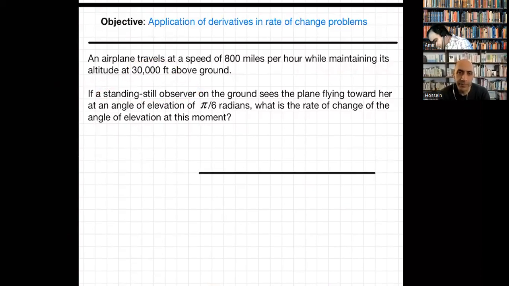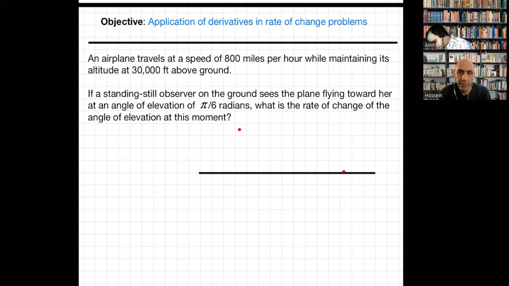If this line is the ground surface, and this point here is the observer, it's not moving, and this point is the plane.